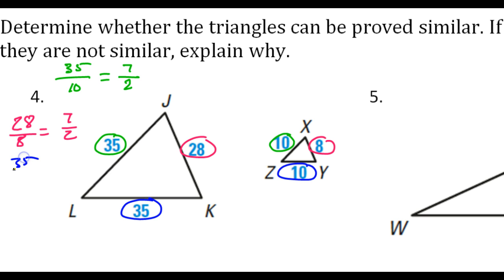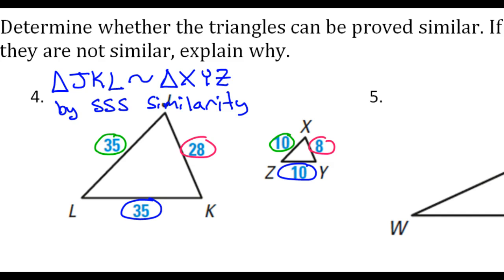So when I do the 35 over 10, of course, once again, I'm going to get 7 over 2. So because we got the same ratio all 3 times, then these are going to be similar by side-side-side similarity. So we can say that triangle JKL is similar to triangle XYZ by side-side-side similarity.